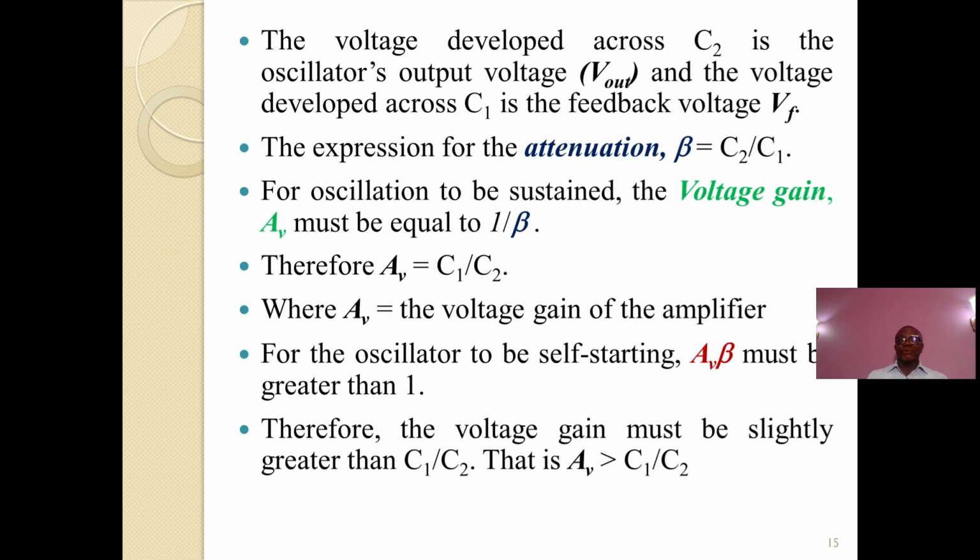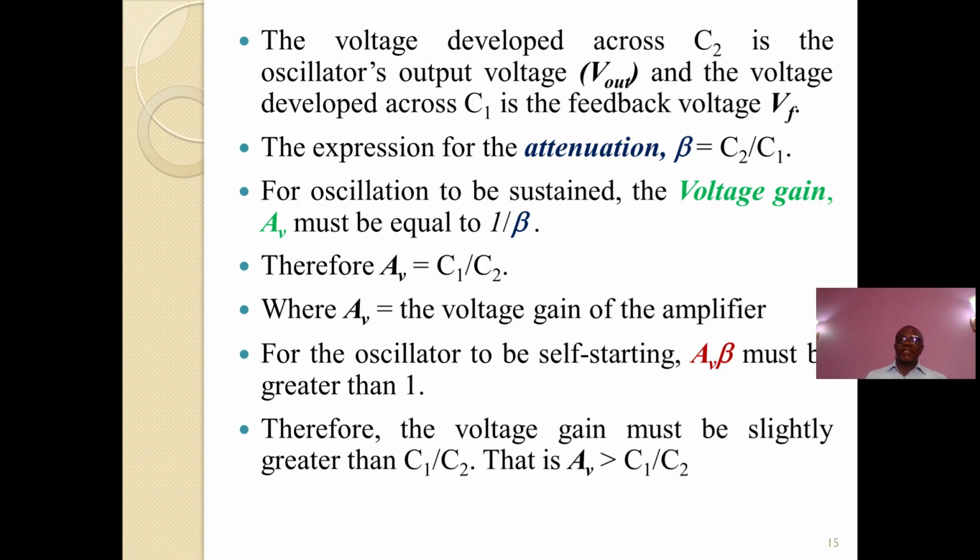Now, for oscillation to be sustained, the voltage gain, AV, must be equal to 1 over beta. Therefore, this AV will be equal to C1 over C2, because the attenuation beta is C2 over C1.